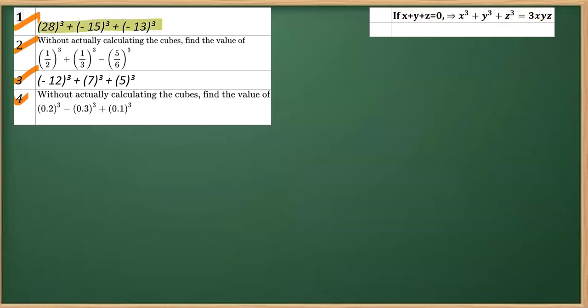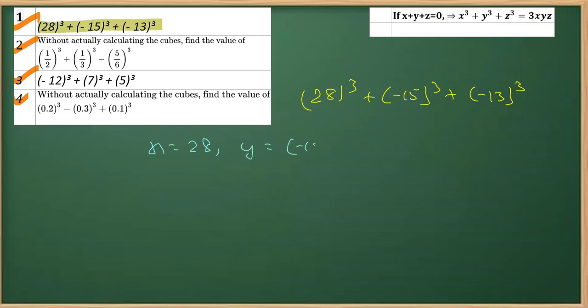Let's say the first one. The question is 28 cube plus minus 15 cube plus minus 13 cube. Now what we are going to do is take one of them as x, say x is equal to 28. The second term, say y is equal to minus 15, and z, along with the sign, is minus 13.